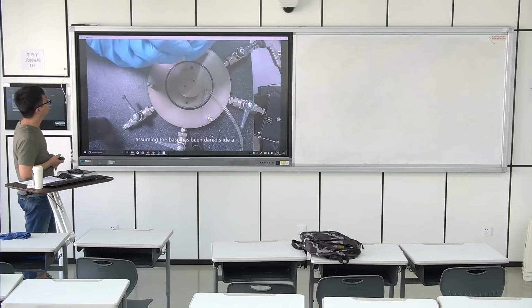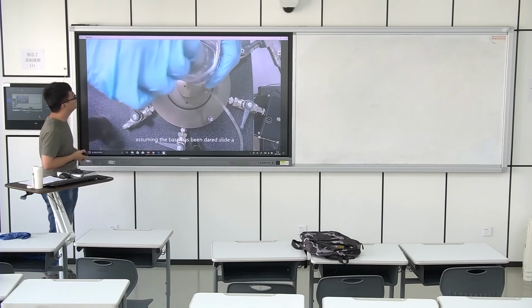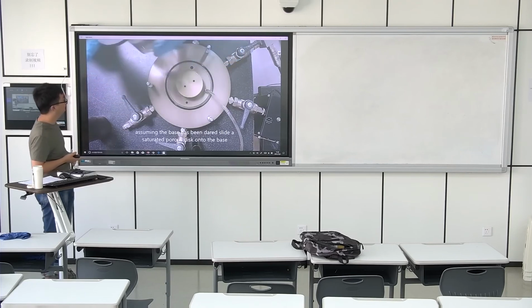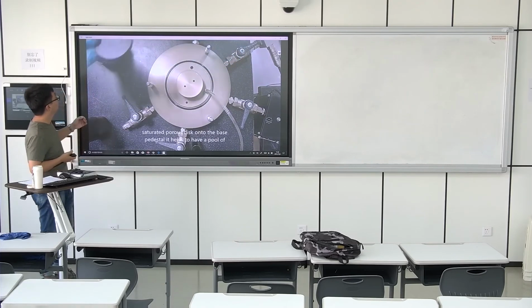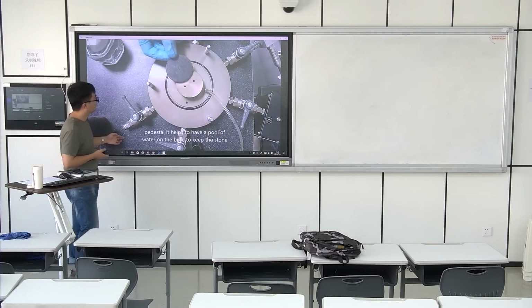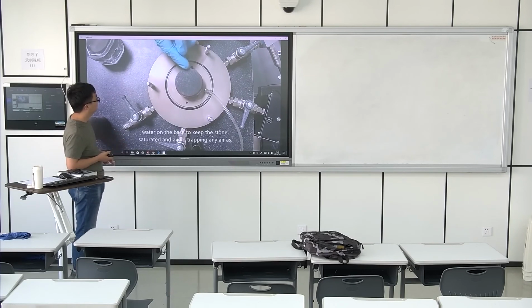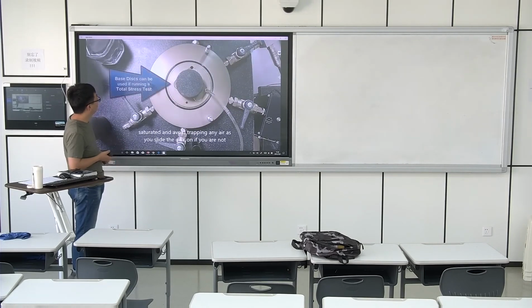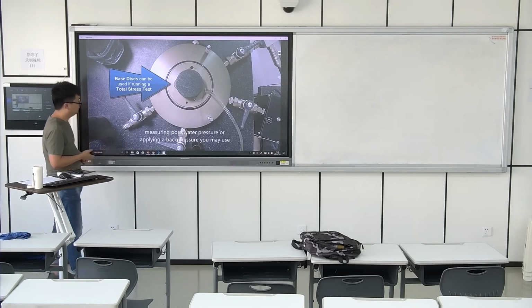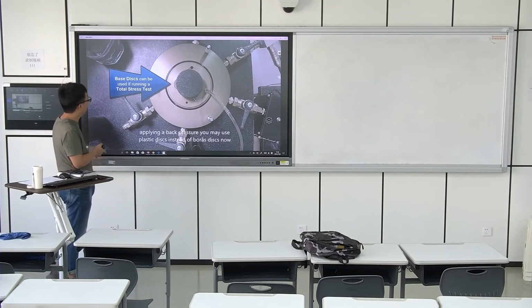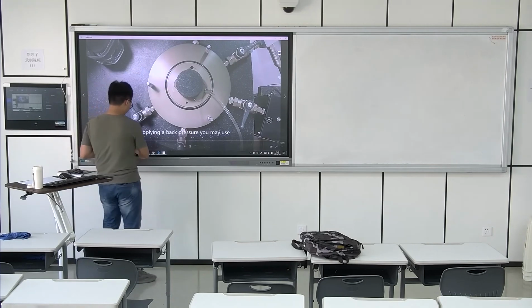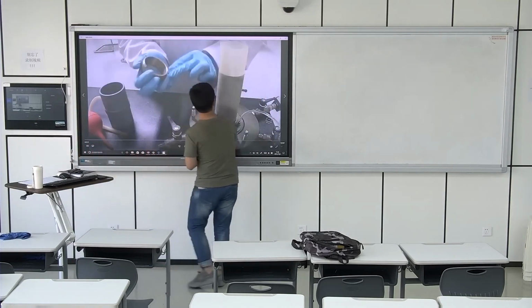Assuming the base has been de-aired, slide a saturated porous disc onto the base pedestal. It helps to have a film of water on the base to keep the stone saturated and avoid trapping any air as you slide the disc on. If you are not measuring pore water pressure or applying a back pressure, you may use plastic discs instead of porous discs.